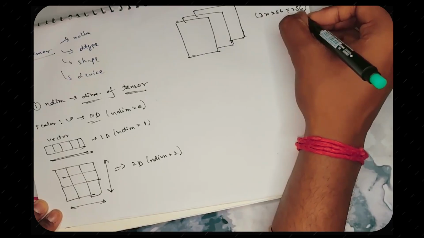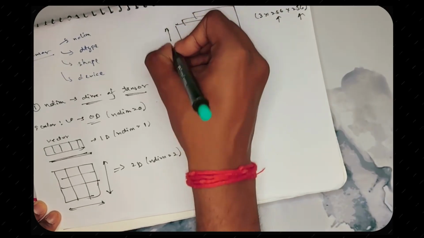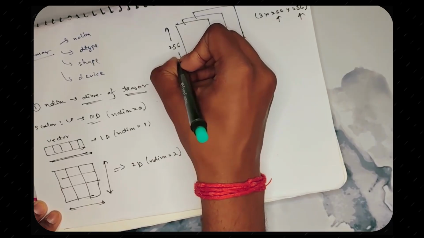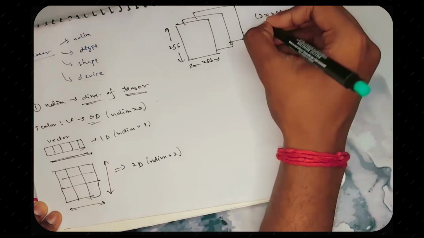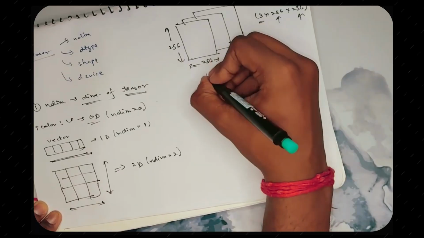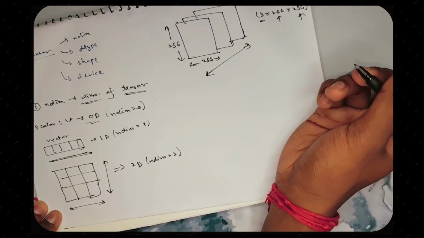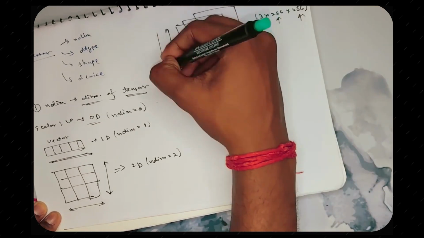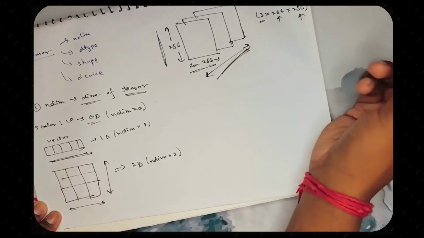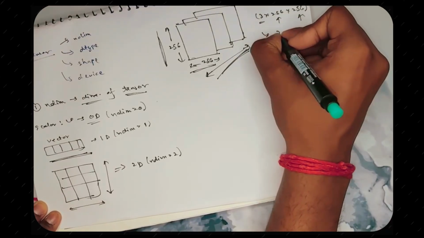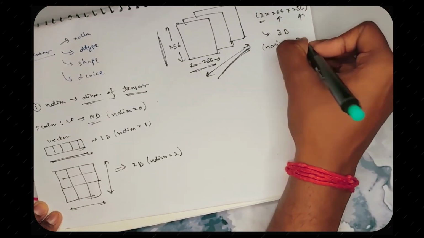This is the height, which is 256, this is the width, which is 256, and like this we have 3 channels, so this is the 3. How many dimensions does it have? It has this dimension, this dimension, and this dimension. Therefore it is 3-dimensional, and that's why its ndim is equal to 3.